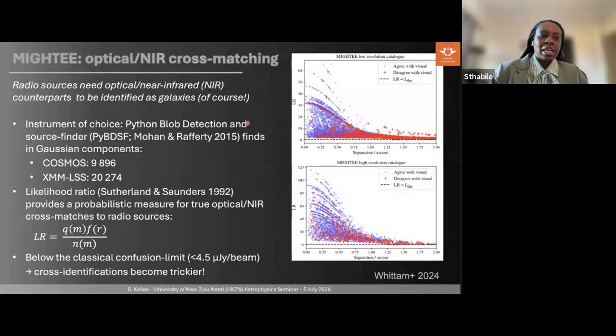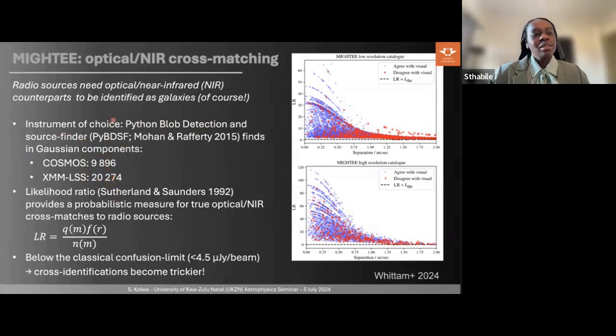So starting out with a catalog of radio components that would be identified with PyBDSF, you'd be able to apply this procedure to your image and find where your components are. Of course, these are not individual sources because sometimes an individual source can have multiple Gaussian components.